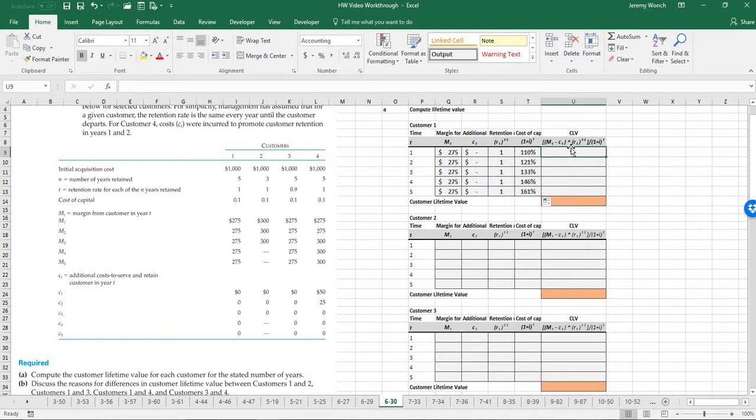So now we just put in our formula, which says we want to take our profit margin and subtract the cost to serve. Then we want to multiply that times our retention rate, and then divide that by our cost of capital.